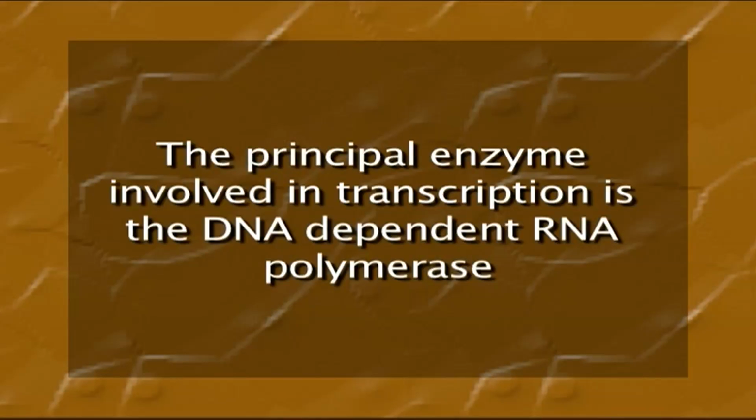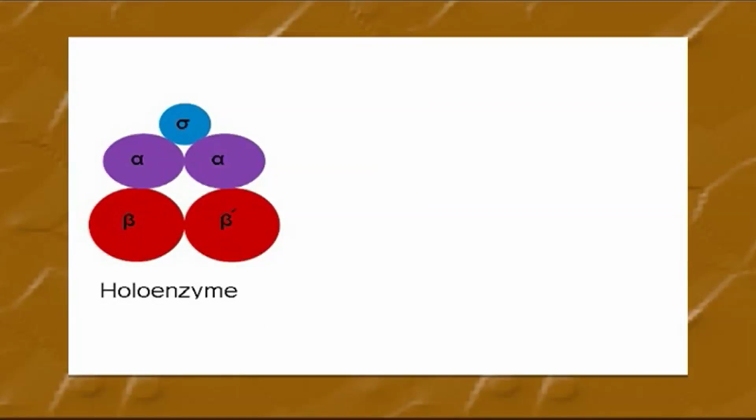The principal enzyme involved in transcription is the DNA-dependent RNA polymerase. To understand transcription, it is necessary to learn more about the RNA polymerase. The bacterial RNA polymerase consists of 5 polypeptide chains, including 2 chains of alpha polypeptide, 1 chain of beta and beta dash, and sigma polypeptide.